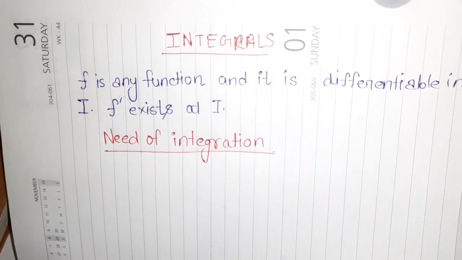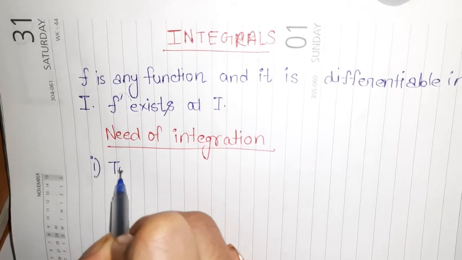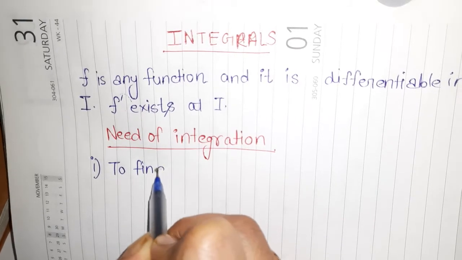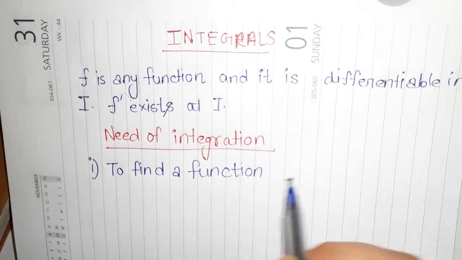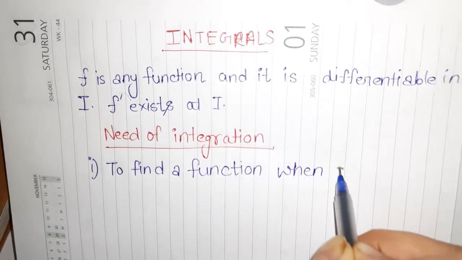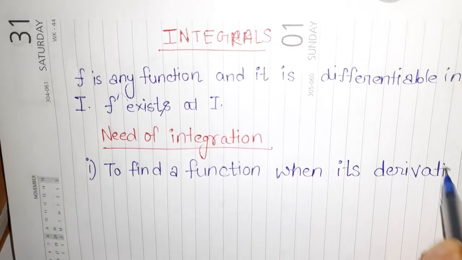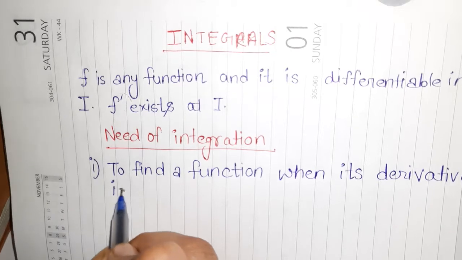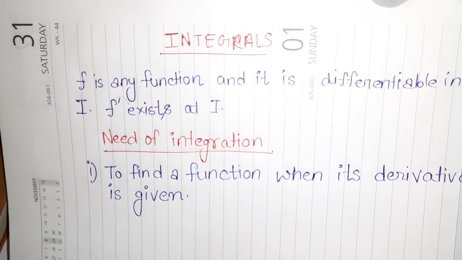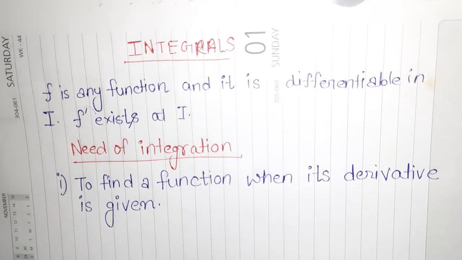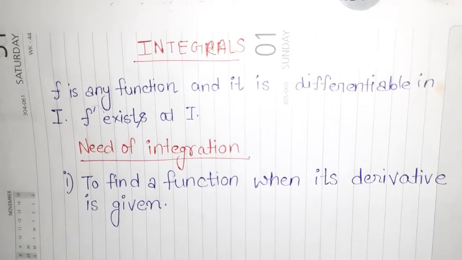The first is to find a function when its derivative is given. That is the first use of integration. Using integration we can find that function whose derivative is given.